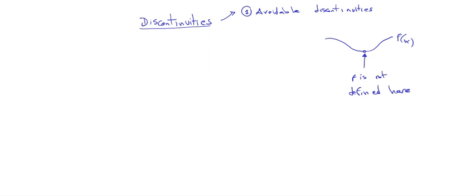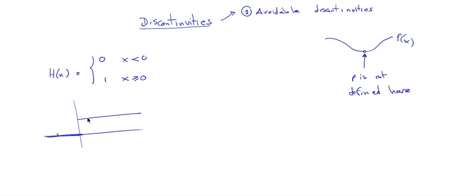Okay, let's see another kind of discontinuity. We have, for instance, the Heaviside function that we have seen, okay, which is 0 if x is smaller than 0, 1 if x is greater or equal than 0, right? Now this is the function that goes like this, and then boom, it does a jump, right? At 0, it goes from 0 to 1, and here we can't avoid it, right?